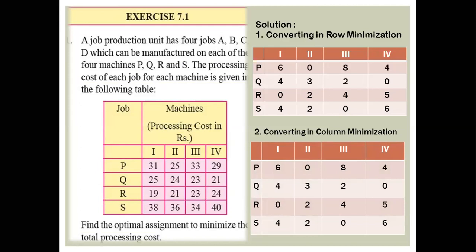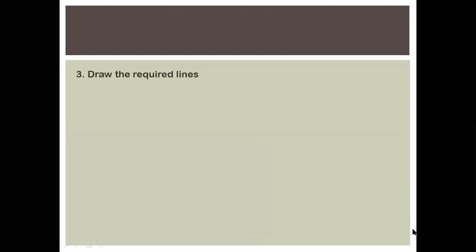After subtracting 0 from all the numbers, I'll get the same numbers in the columns. Before I move forward, I should check that I have at least one 0 in every row as well as in every column. So I have checked and there is at least one 0 in each row and each column.